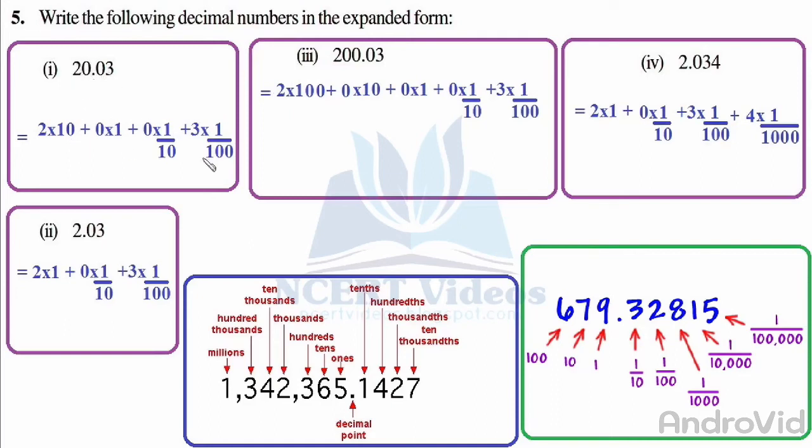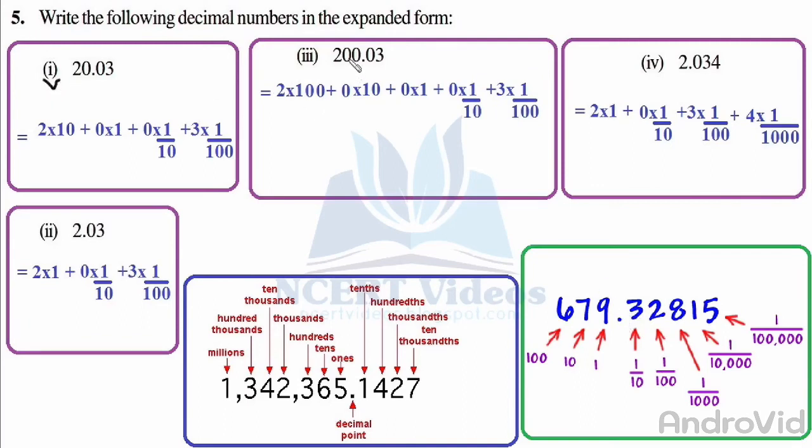Then plus, because we are adding everything, then 0 times 1 over 10. Why? Because this place value is 1 over 10, or tenths. Then we add again, and we write the real value, then the place value is 1 over 100. So 1 over 100 for the second digit after the decimal.